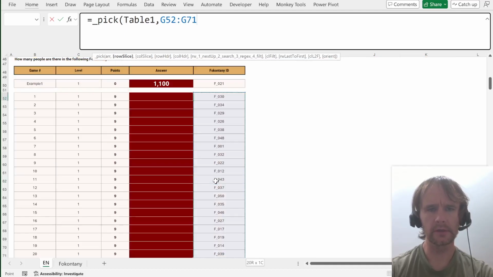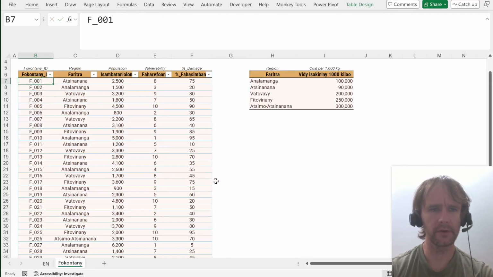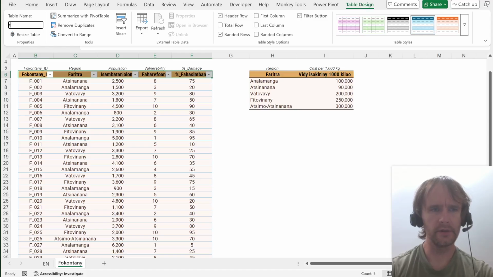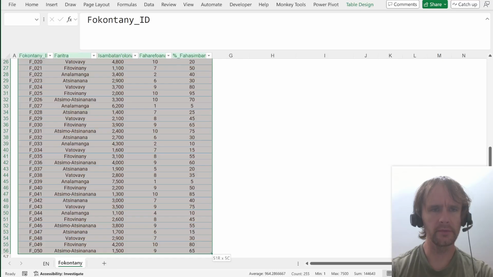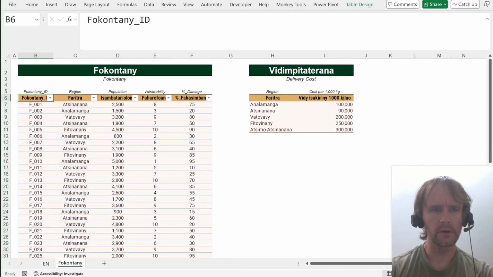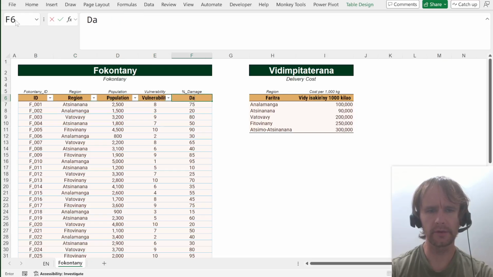No, sorry, I've got to give it a good name first. I'm going to call that T, and I'm also going to name this TH and name this TA for all. Oh, and I'm going to move these down. I'm just going to make this ID, region, population, vulnerability, and damage.